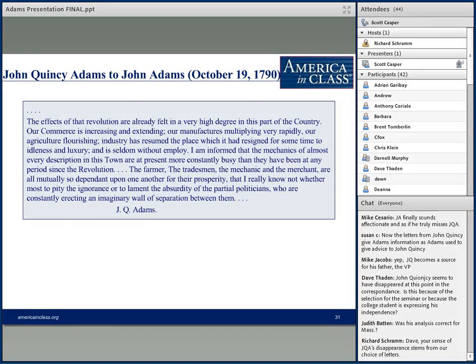I think so. I also think that the Federalists tend to be interested in the development of commerce and a mercantile elite.